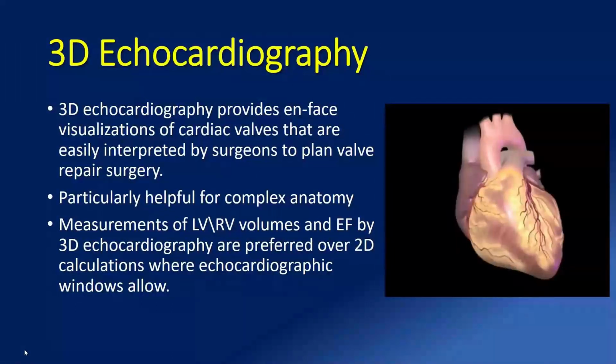And also by 3D echocardiography, the measurement of LV and RV volumes and ejection fraction are preferred over 2D calculation. Particularly, ejection fraction by 3D correlates very, very well with CMR, which is considered the gold standard for volumes.